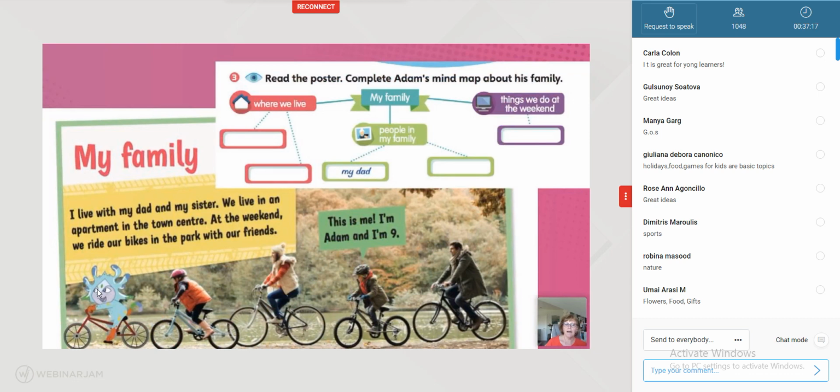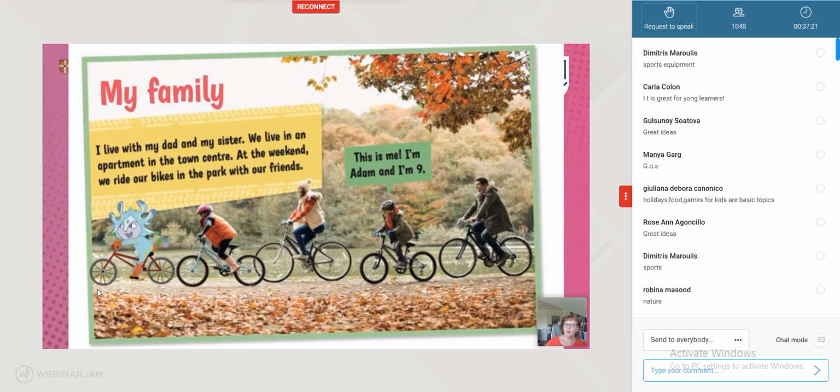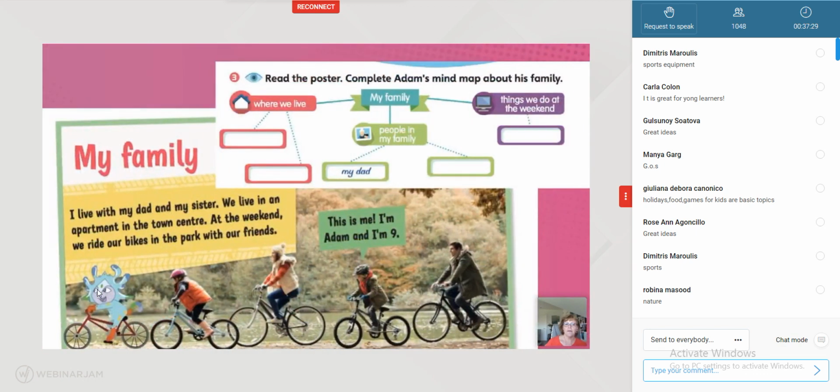And what we get is, first of all, a mind map, and then students look at the poster, which is, again, a combination of visuals and text. And so what they do is they show their understanding of the information by categorizing the information here on the mind map.